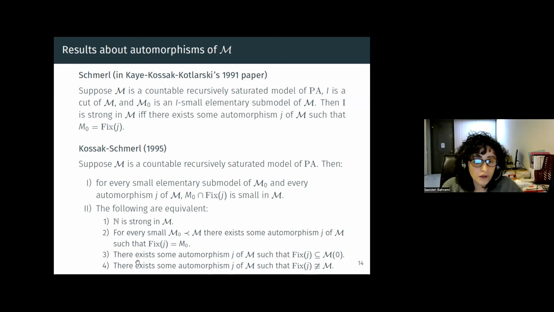The third statement says that there exists some automorphism J of M such that the fixed point set of J is a subset of M0.